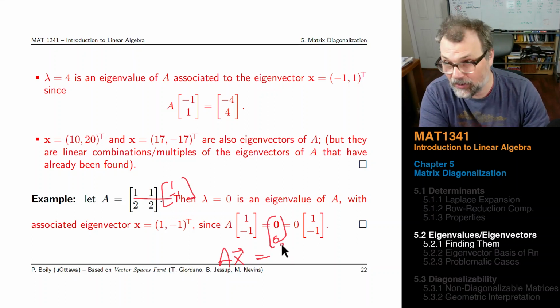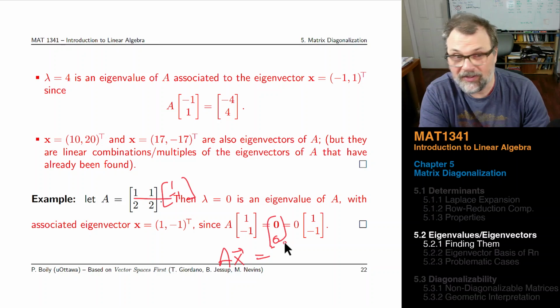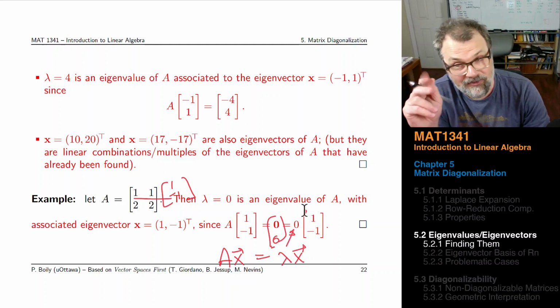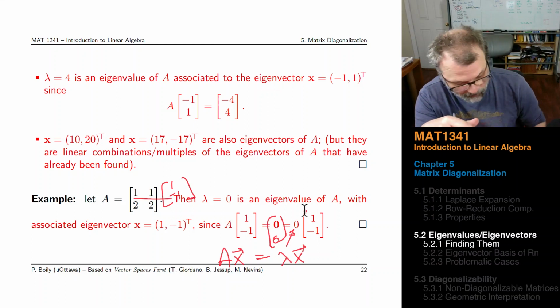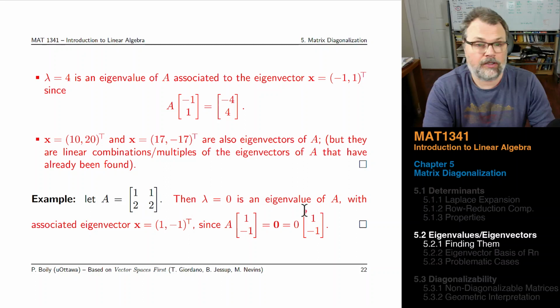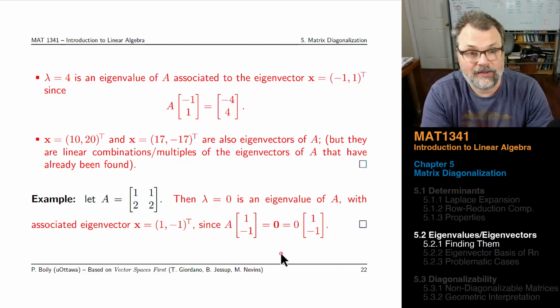That's the 0 vector. But the 0 vector you can write as lambda times x, assuming that lambda takes on the value 0, and x takes on the value of the vector 1, minus 1. Very importantly, you might also say, look, I can write 0 as a vector here as lambda times 0, 0.